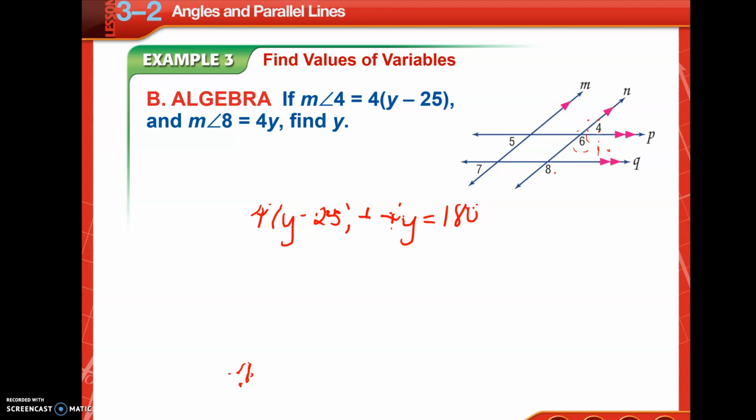I could distribute my 4, so I'd get 4y minus 100 plus 4y equals 180. So 8y, when I add over my 100, is 8y equals 280, so y equals 35.